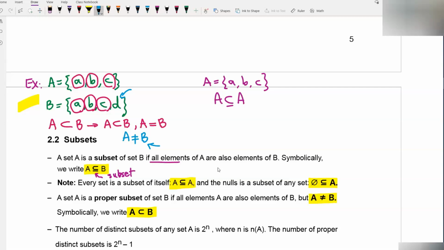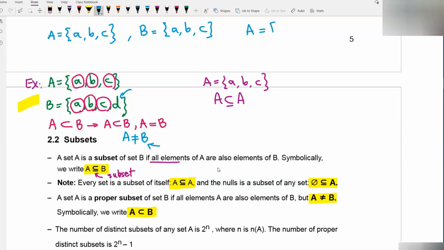If I want to have that one, changing this example, for example, A is A, B, C, and B is A, B, C. We do have exactly the same members.